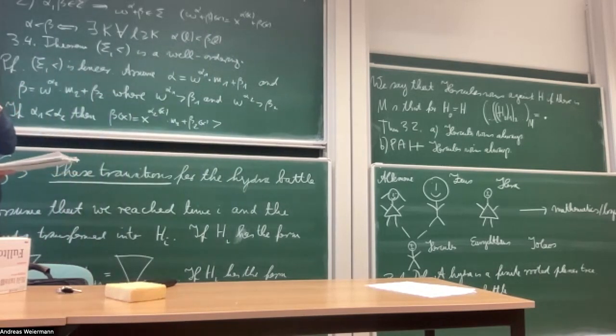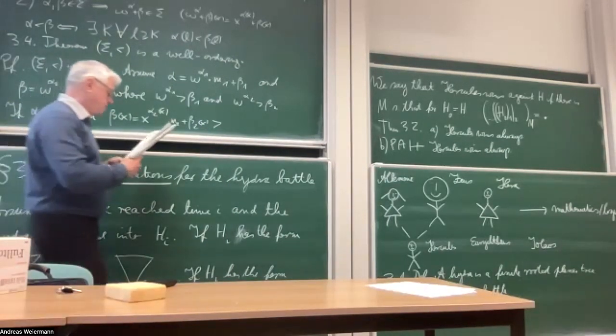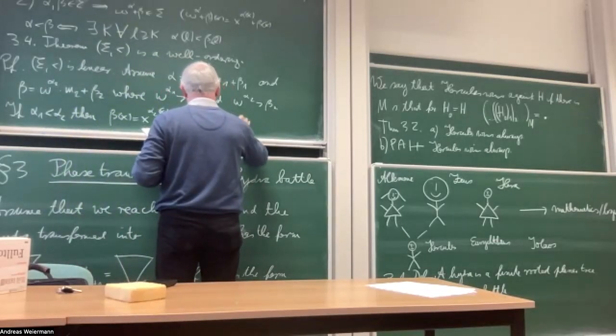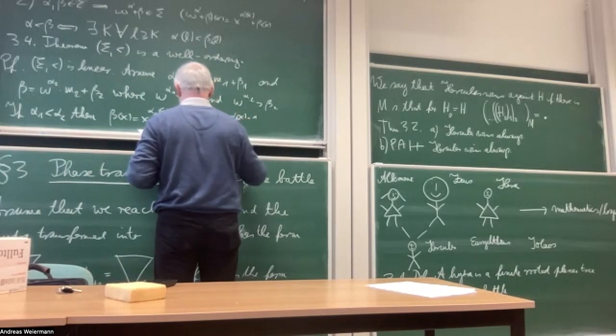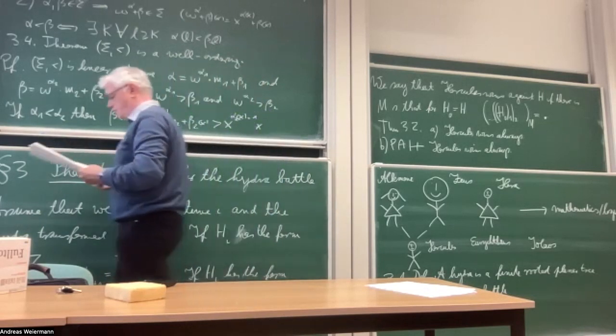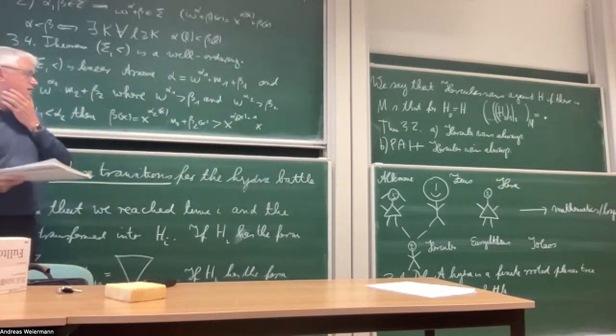Then we'll see in a minute that beta 2 is less than or equal to omega to the alpha 2 minus 1. So this will be bigger than x to the alpha 2 of x minus 1 times x for x large enough.